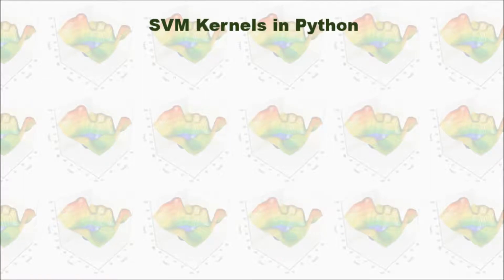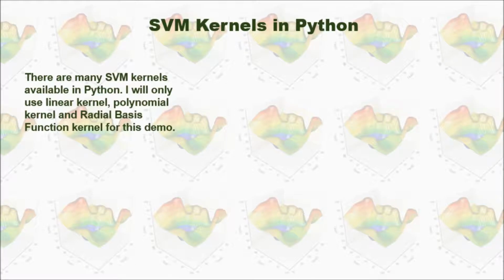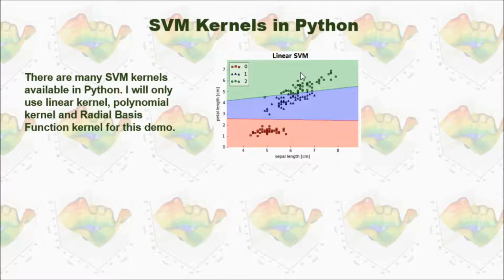Let's check out the SVM kernels in Python. There are many SVM kernels available in Python. I will only use the linear kernel, polynomial kernel, and RBF kernel for this demonstration. The linear kernel is when we try to separate all those three groups of data, and we just use a straight line to separate them.